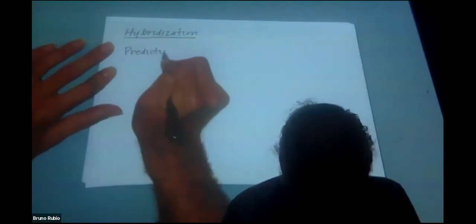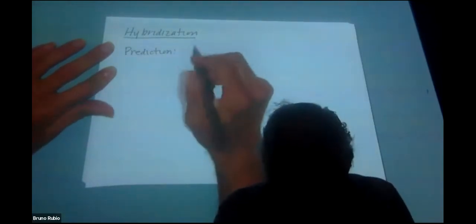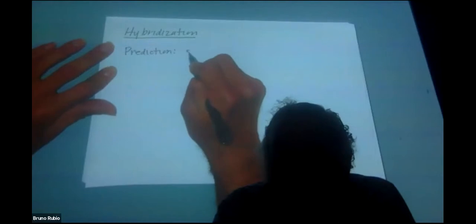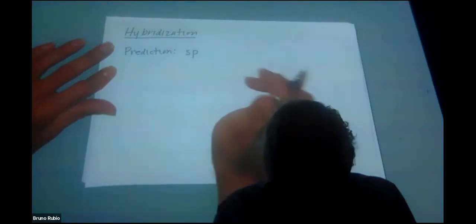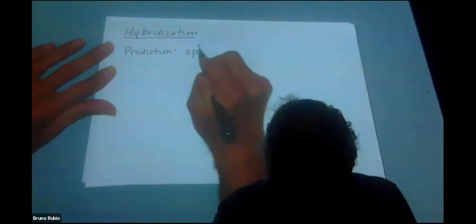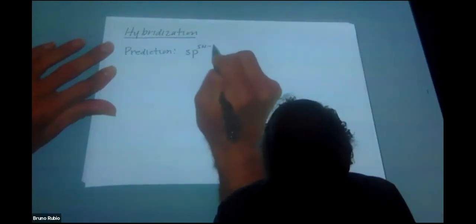Prediction is that the hybridization state of an atom is going to be sp to the steric number minus 1.